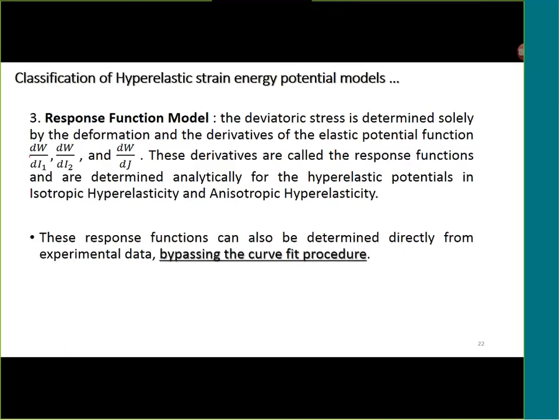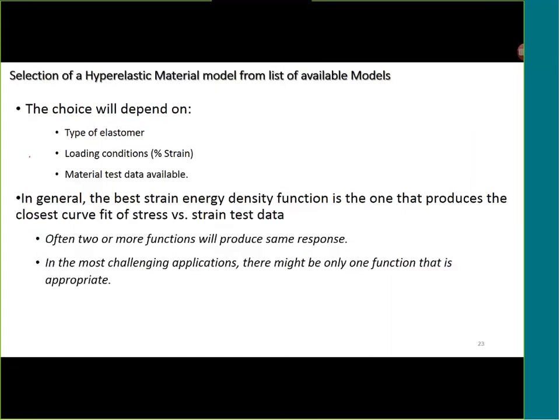We will discuss the response function in detail in later slides.